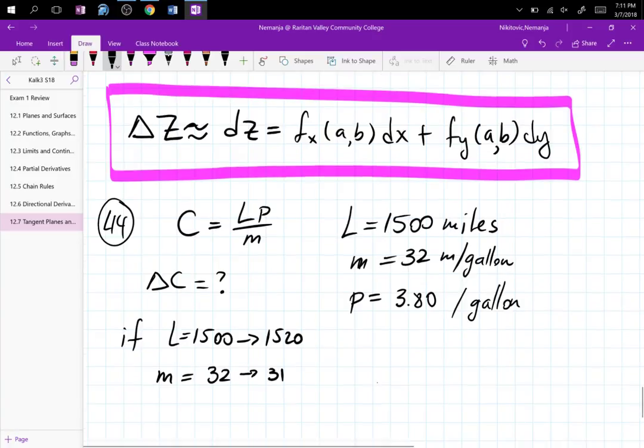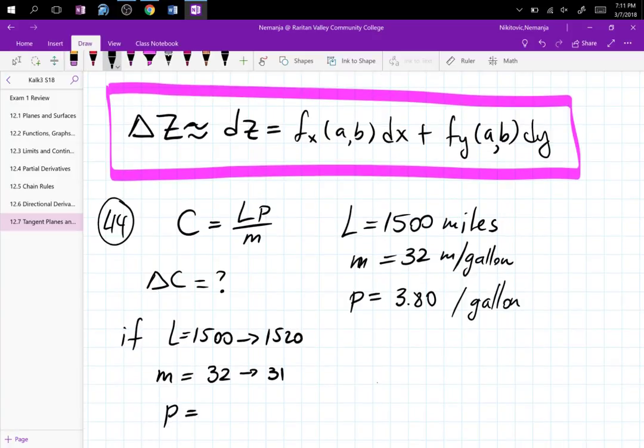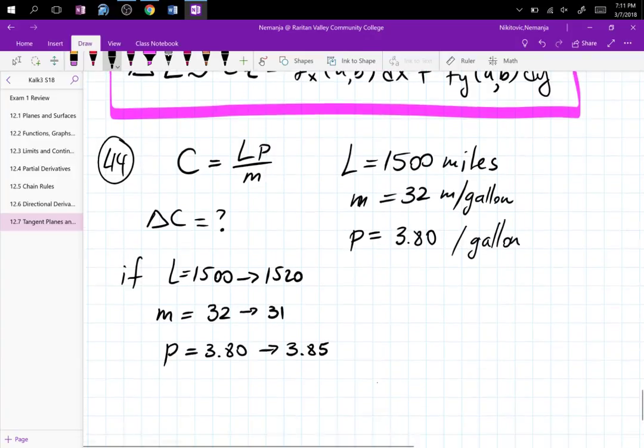And the price of the gas changes from 3.80 to 3.85. So we're going to drive more miles, our car efficiency is going to be worse, and the price of gas increases. So how much would that change the cost?